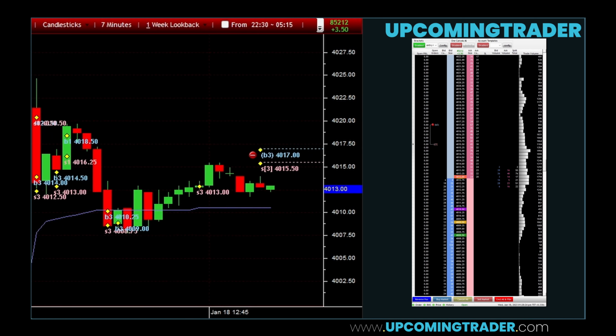Another great tool that works well with Heiken Ashi is the parabolic stop and reverse. This one is easy to recognize because it plots little dots either above or below the price. When the dots are below the Heiken Ashi candles, the trend is moving up and the trend is strong.